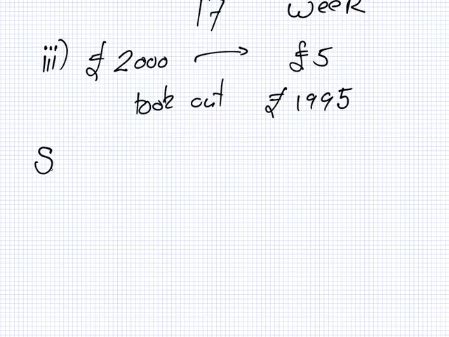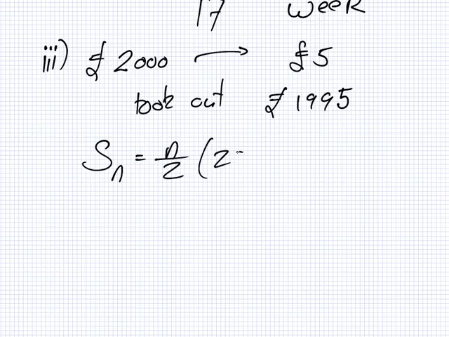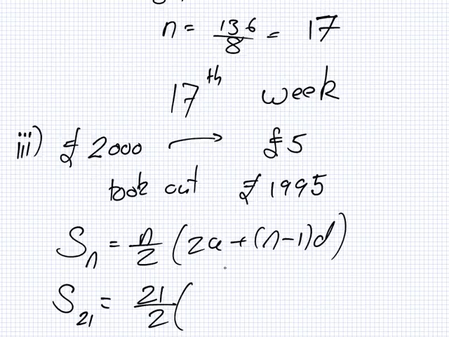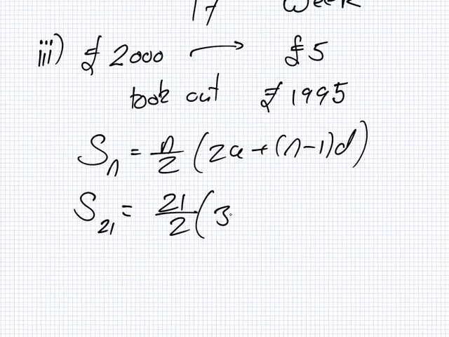So S_21, or well, S_n, I suppose. S_n is n over 2, 2a plus (n minus 1)d. So we want to check if the total for the 21 weeks is 1995. n over 2, what was the a? 15. So this is 30 plus 20 times 8.